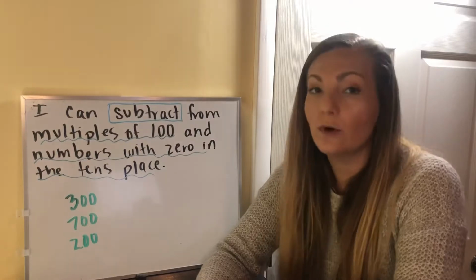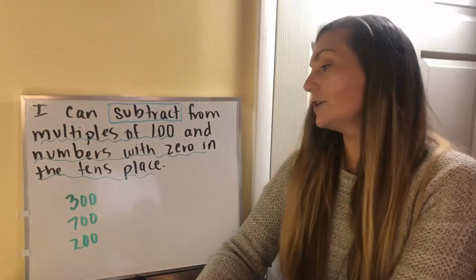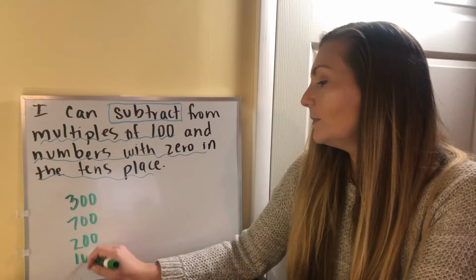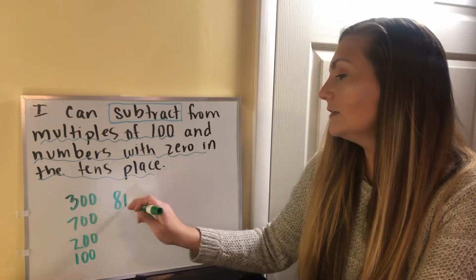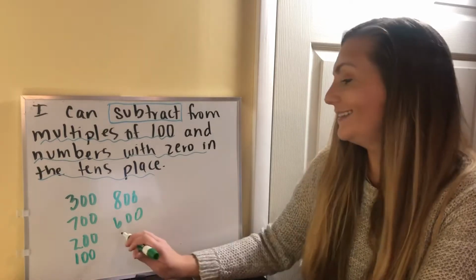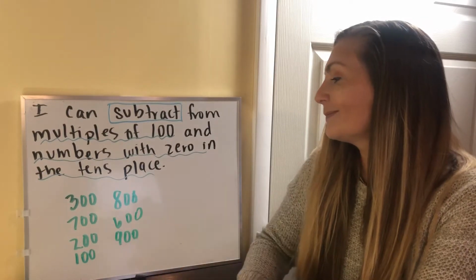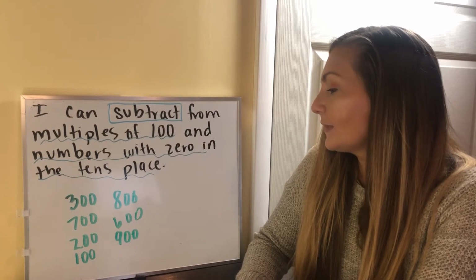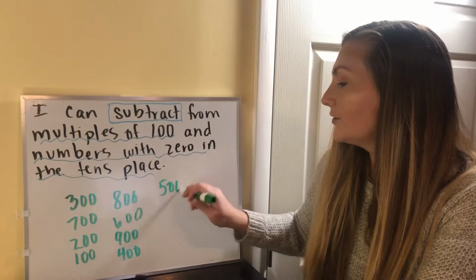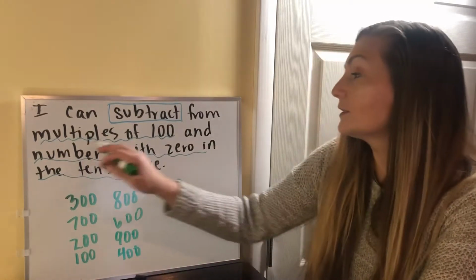So 100, 200, 300, those are all multiples of 100. Can you think of another one? 800, 600, 900, 400, 500. Great, those are all multiples of 100.